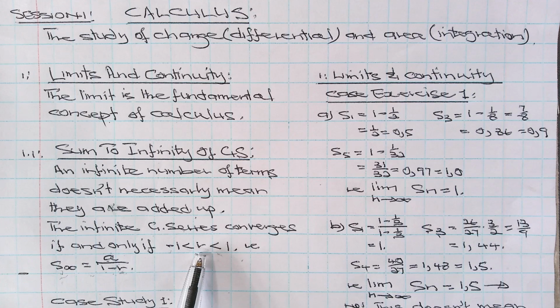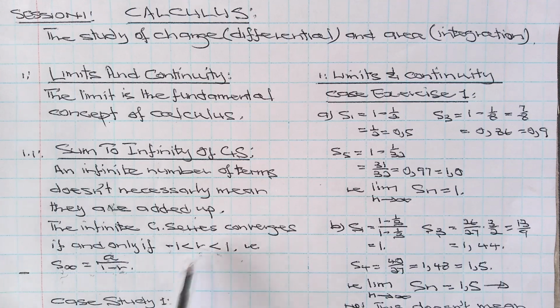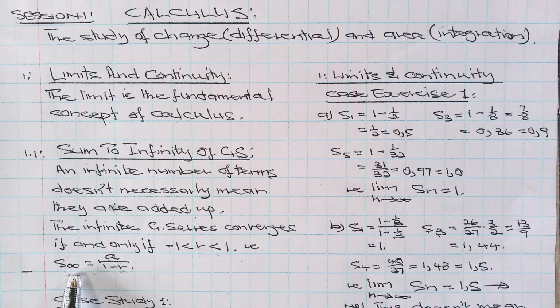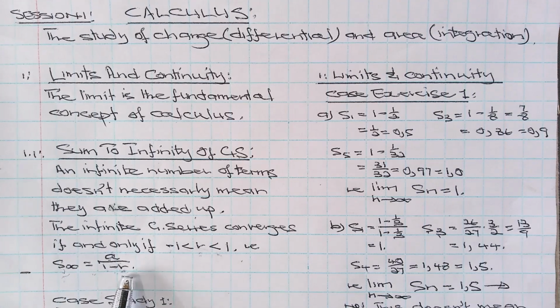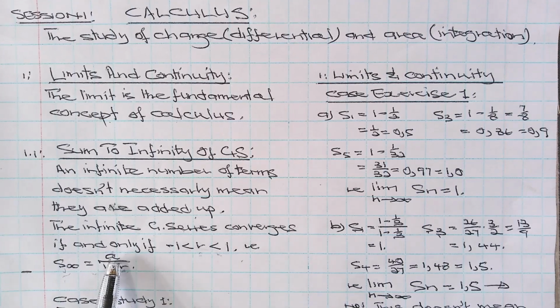It is a positive or a negative fraction. Therefore, the sum to infinity is equal to A over 1 minus R, A being the first term of the sequence or series, and R being the fractional ratio.